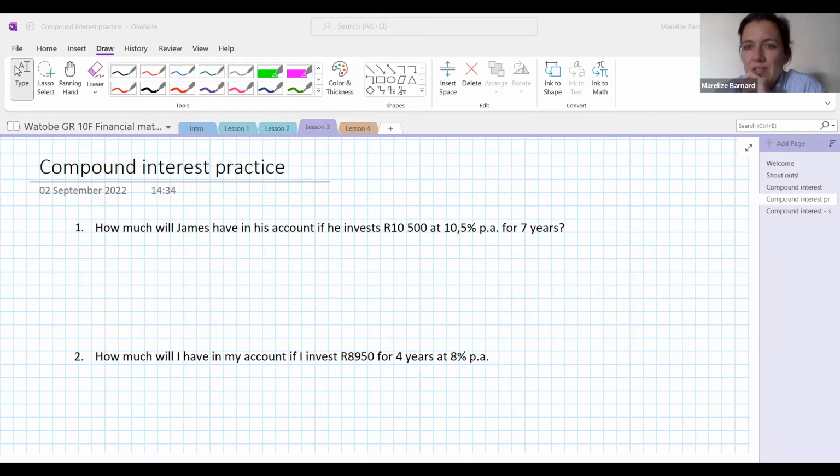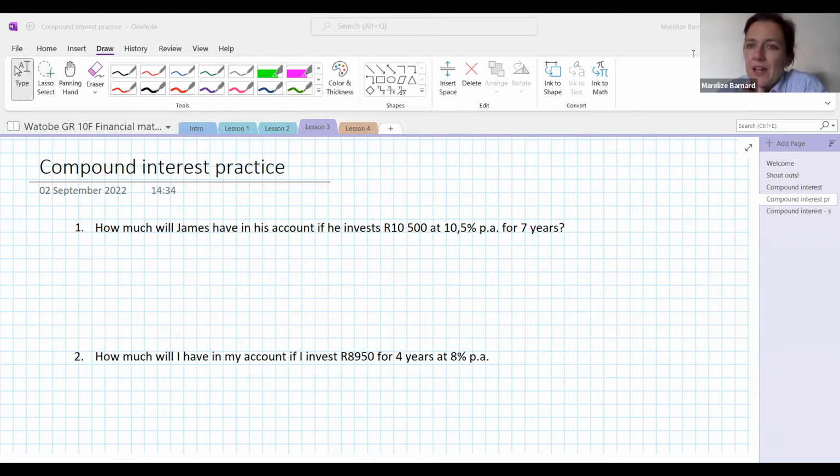Bouquet is asking in the chat, why do we divide by 2? Okay, so Bouquet, that's when you are compounding interest semi-annually.